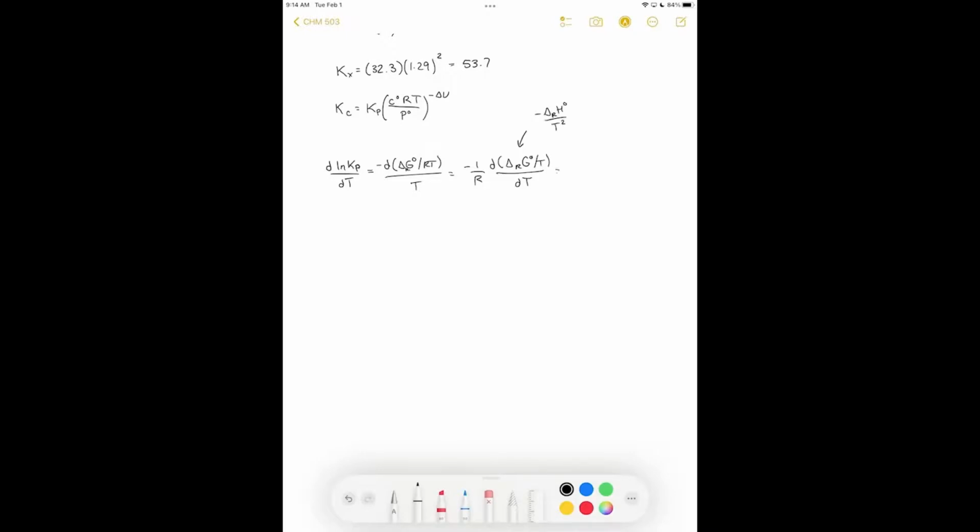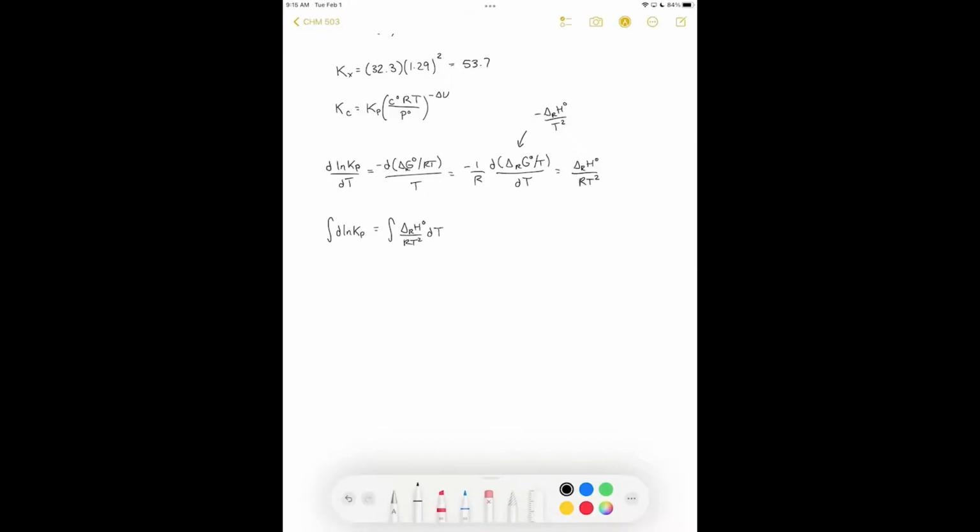So putting that all together, we can find out that the natural log of the partial pressure equilibrium constant changes with respect to temperature in the form of ΔH° of the reaction over RT squared. And so if we integrate this, we'll end up integrating d ln Kp, and then integrating ΔH° of the reaction over RT squared dT.